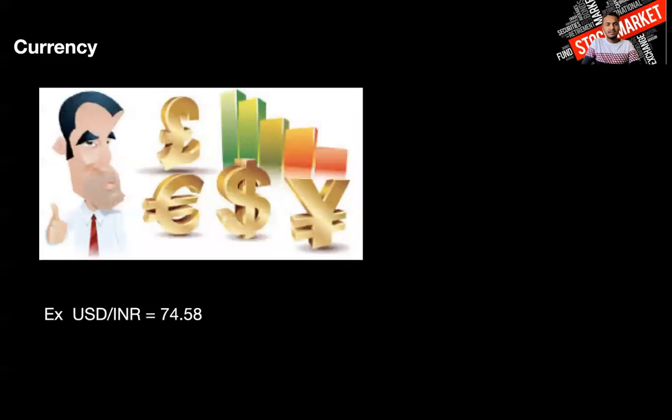Currencies are generally traded in pairs. Suppose you want to trade, you have to take a pair, for example USD and INR. The one which comes first, USD, is called the base currency, and the one which comes second is called the quotation currency. The base is always taken as one, and the quotation is the value of 1 unit of the base.